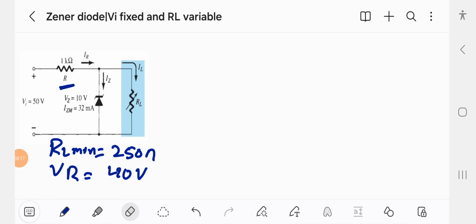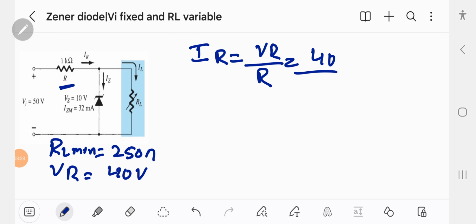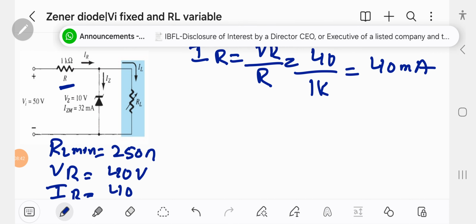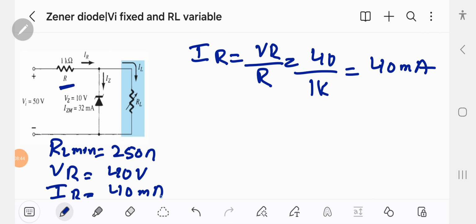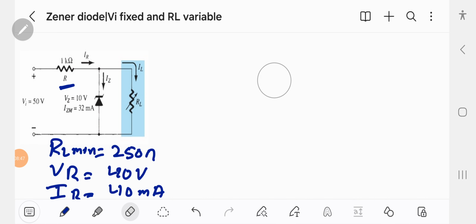Now when we found VR, we can easily find IR, which is equal to, now the third term we found, IR is actually equal to 40 milliampere.